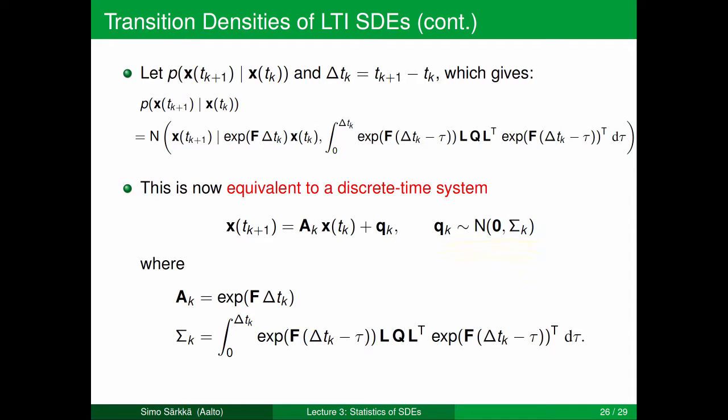And we can actually recover this A to be equal to the matrix exponential of F times delta t_k, and the covariance Sigma is equal to the integral from 0 to delta t_k of the matrix exponential, L, Q, L transpose and the matrix exponential transposed. So this discrete time system is weakly equivalent to the original SDE in the sense that the finite dimensional distributions are the same at times t_k, where k runs from 1 to big K, say.